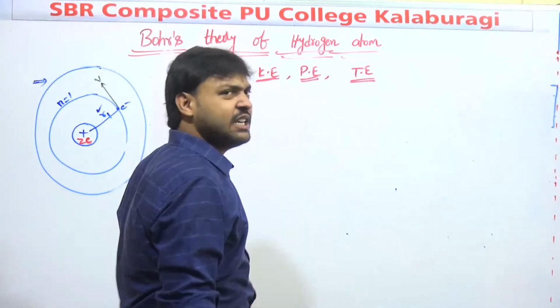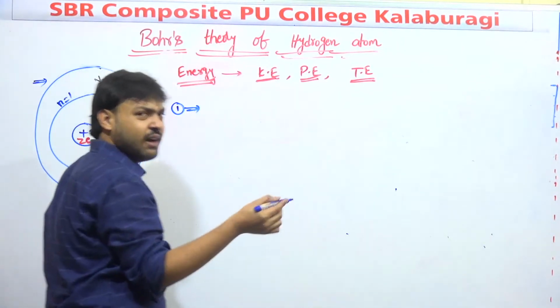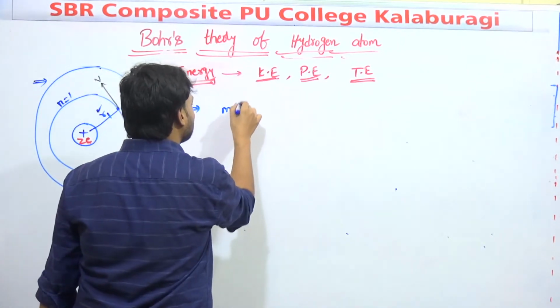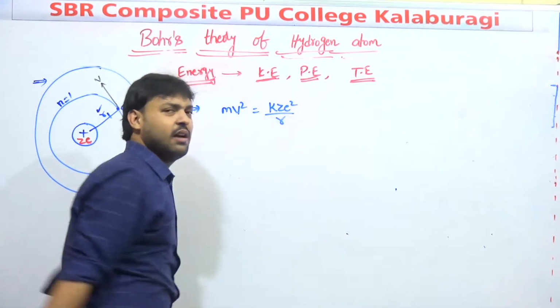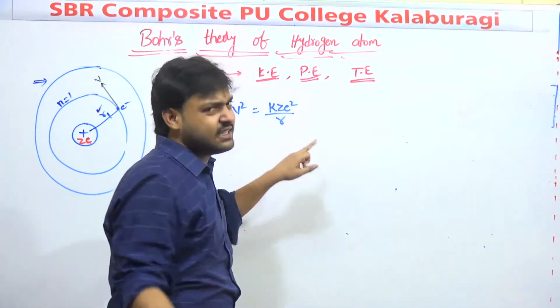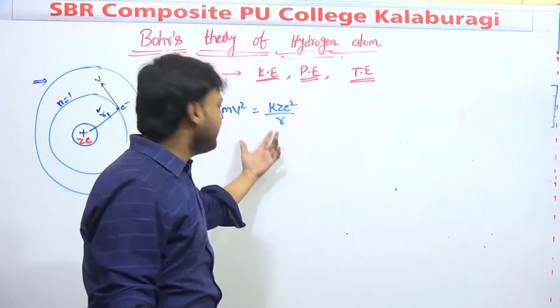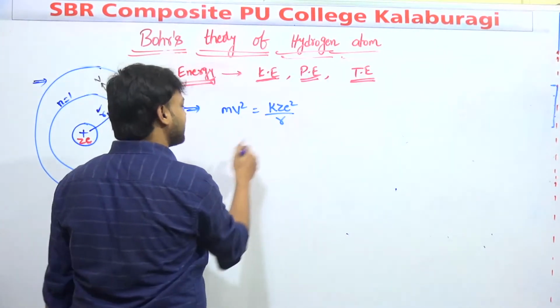Rydberg. So how can we calculate kinetic energy from equation 1? See, what is equation 1? That is nothing but mv square by r, which equals kz e square by r square, r will be cancelled. We know that. So this is equation 1. From equation 1 we can calculate the kinetic energy. So multiply with half on both sides.